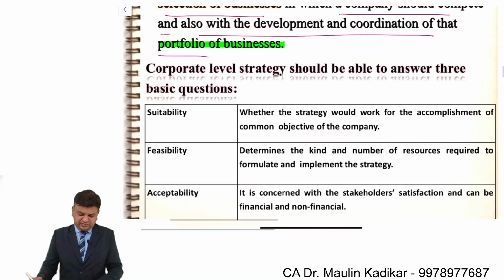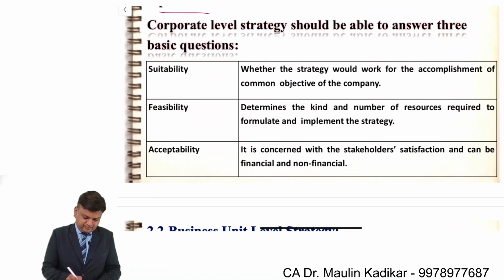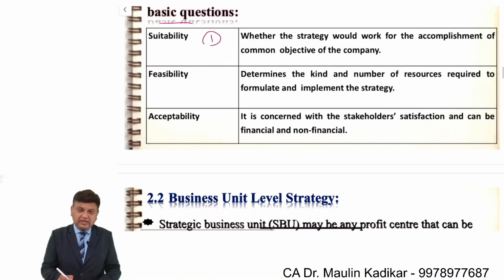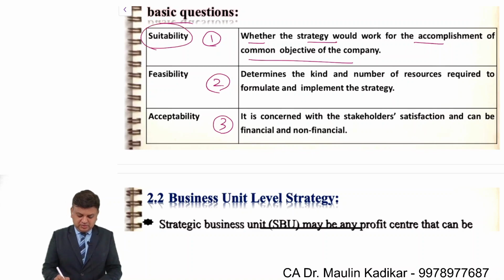That is a portfolio of business. Corporate level strategy should be able to answer three questions: suitability, feasibility and acceptability. Whether the strategy would work for accomplishment of the common objective of the company. That is what you have to see.